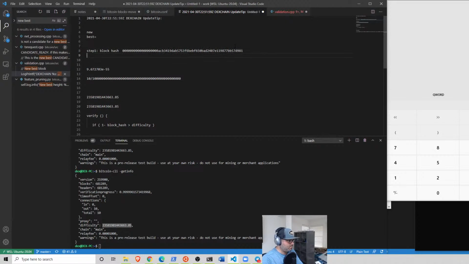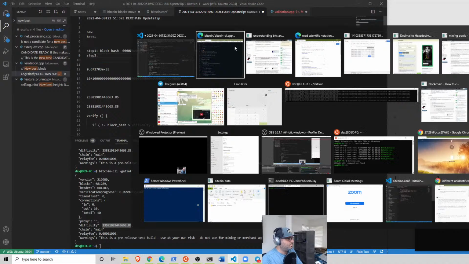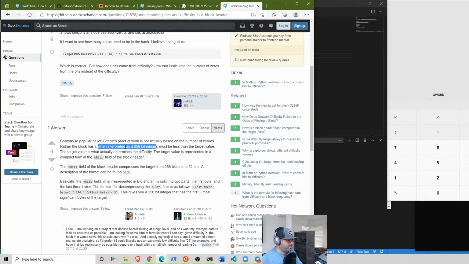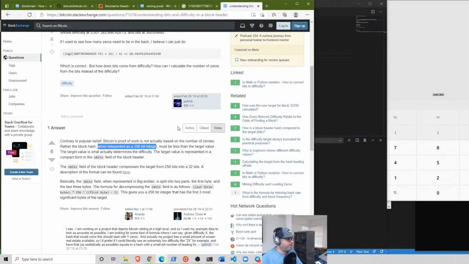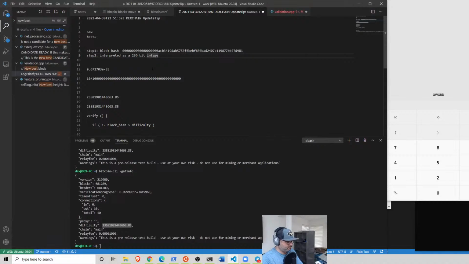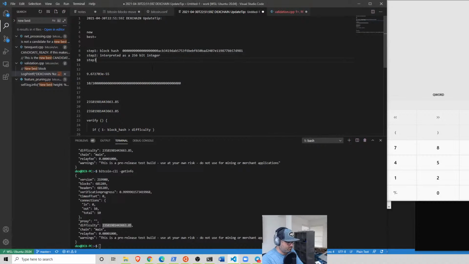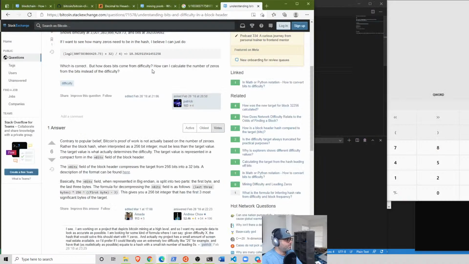Step 2, interpret it as a 256-bit integer. Okay, now that number must be less than the target value.